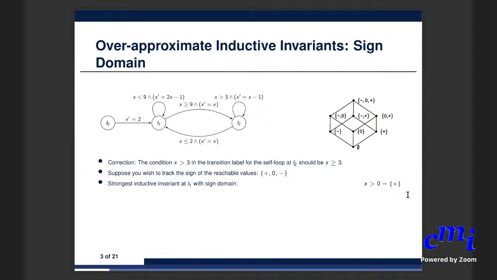This is what I mean by being willing to lose precision. X greater than 0 includes not only the actual values that this program may take at location L1, but more than that. So this is abstracting.